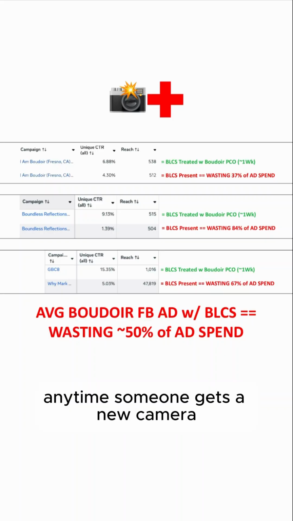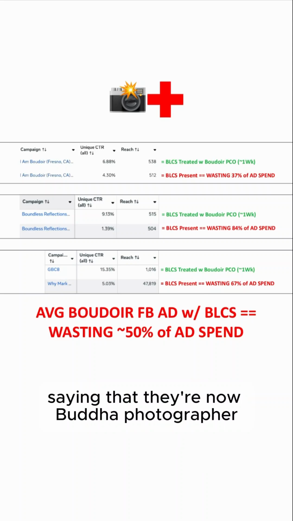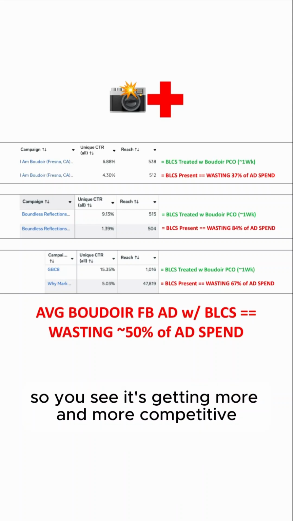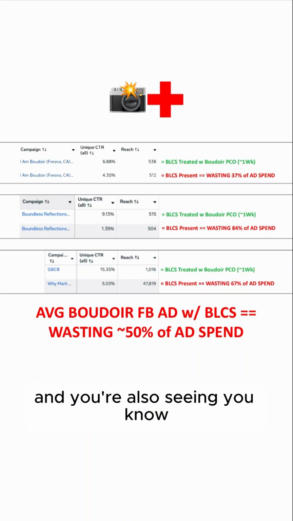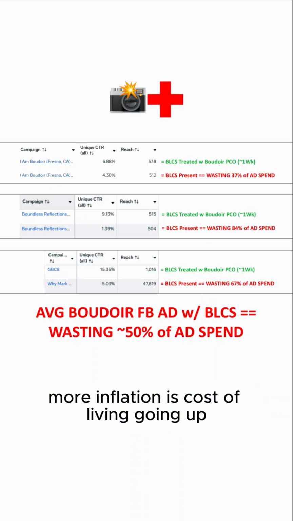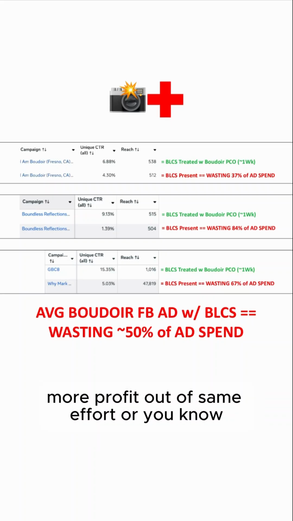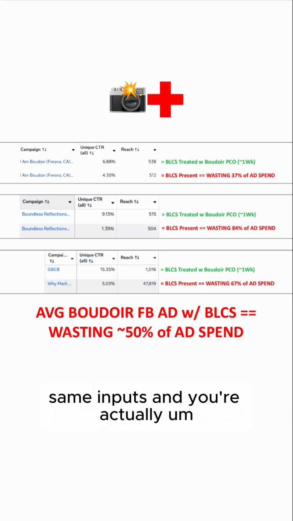And anytime someone gets a new camera, they're posting in the mom group saying that they're now a boudoir photographer and offering sessions. So you see it's getting more and more competitive. And you're also seeing more inflation, cost of living going up. And so you've been optimizing other parts of the business, pulling more profit out of the same inputs.